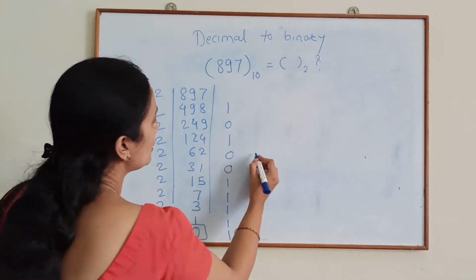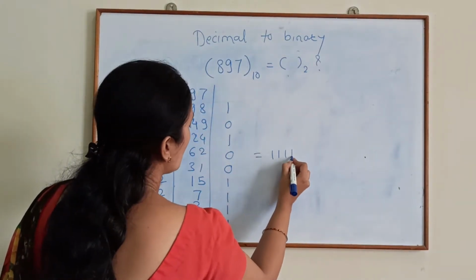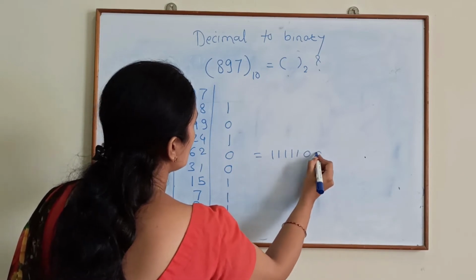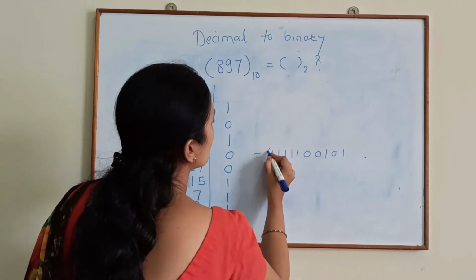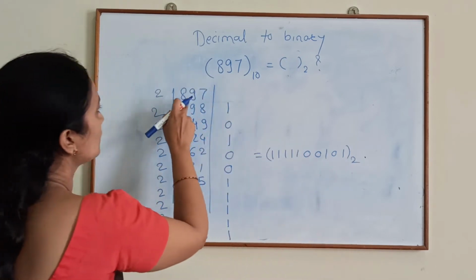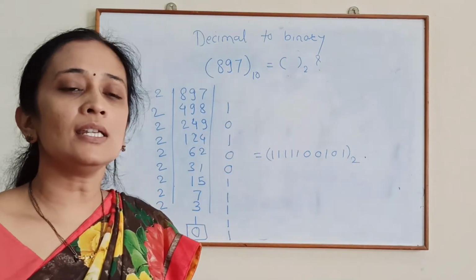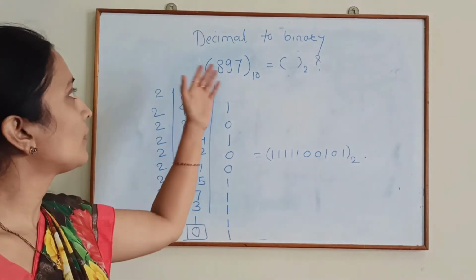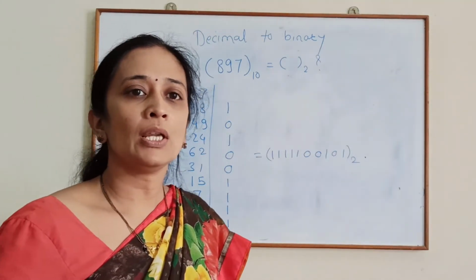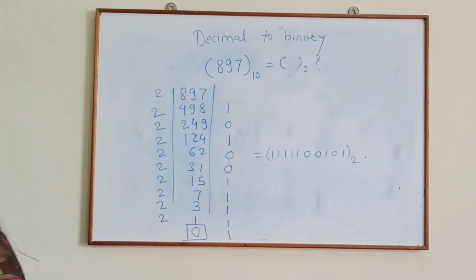How will the number be? 1 1 1 1 1 0 0 0 0 1. This is the binary equivalent of number 897. This is the method for converting a decimal number to its binary equivalent.